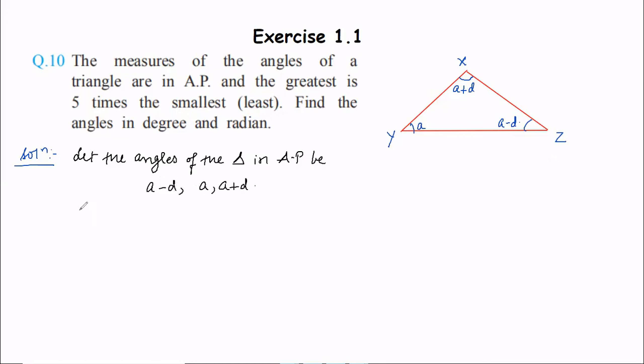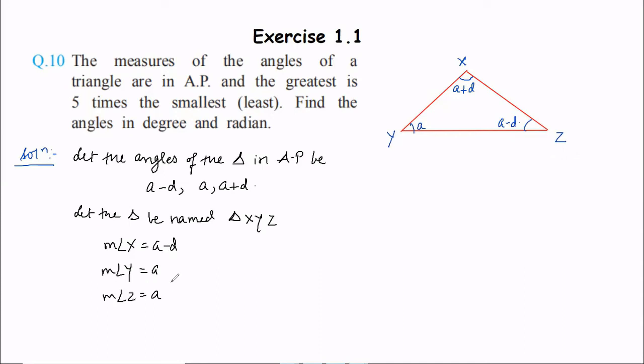Let the triangle be named triangle XYZ such that measure angle X is equal to a minus d, measure angle Y is equal to a, and measure angle Z is equal to a plus d. So these are our assumptions. Now we will continue with the solution part. This was the first step.